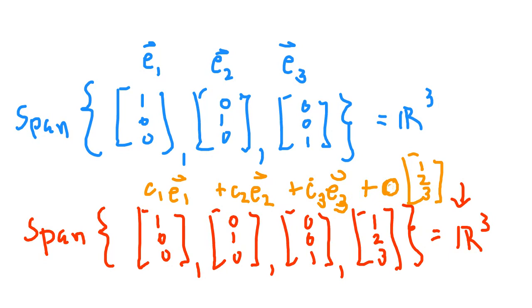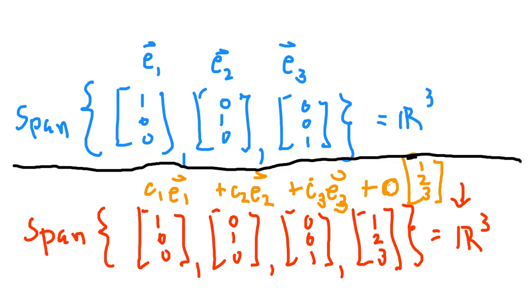Yeah. The span, but let me separate this. Which is a basis? E1, E2, E3? I mean, which forms a basis? The first or the second set of vectors?